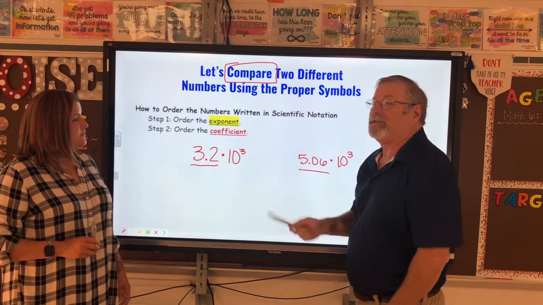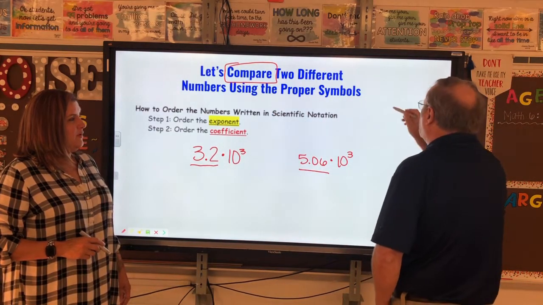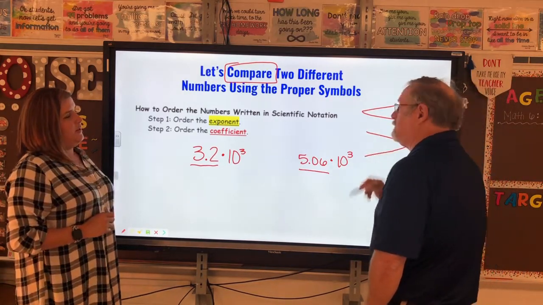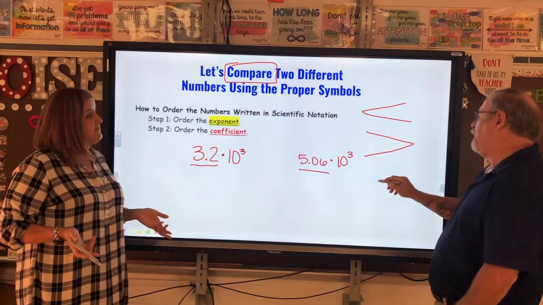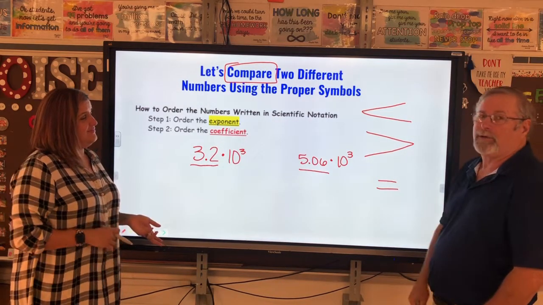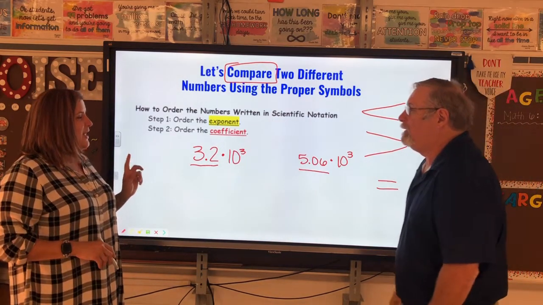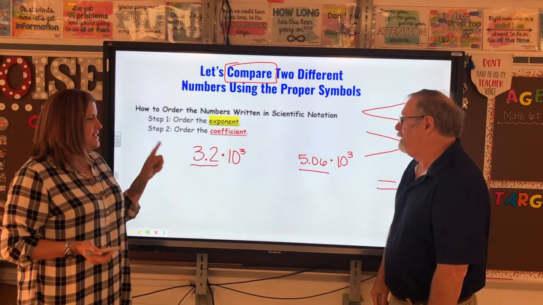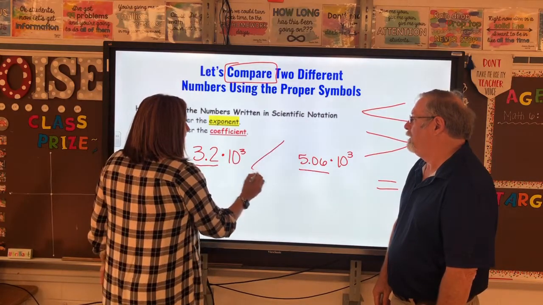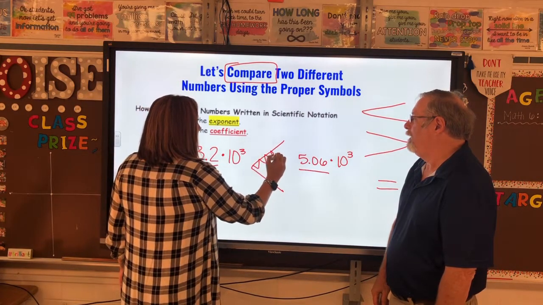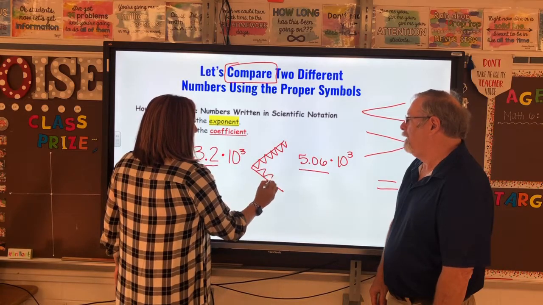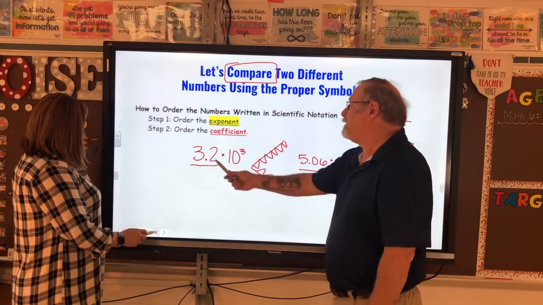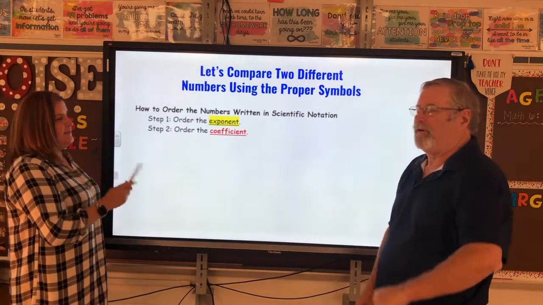Since this wants us to compare them, we use less than or greater than symbols, or equal symbols if they're the same. I know that 3 is less than 5, so the alligator is going to face the bigger number. 3.2 is less than 5.06.